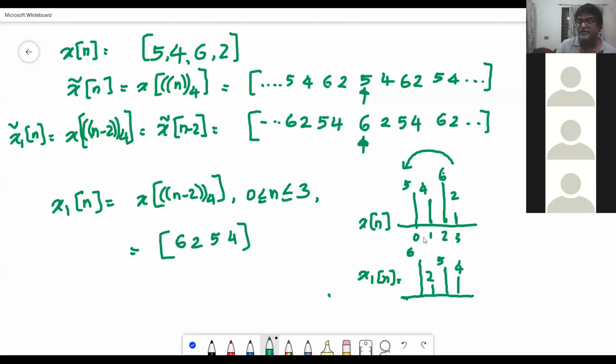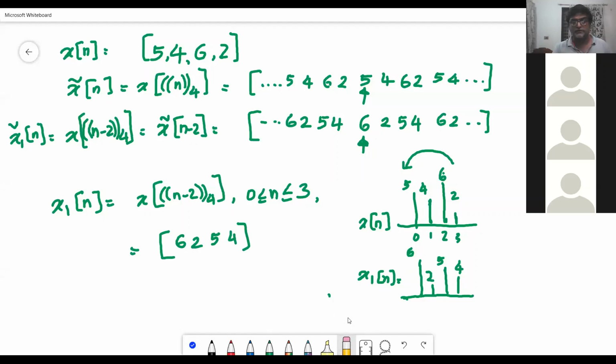Is that clear? So shifting is done in the positive direction, and the positive direction is shown as the anti-clockwise direction. As you know, when your phasor rotates in the anti-clockwise direction, the angle increases from 0 to 90 to 180 to 270 to 360 degrees. So that is why you call the anti-clockwise or counterclockwise direction the positive direction of rotation. So this will be 5, 4, 6, 2. Okay, is that clear?